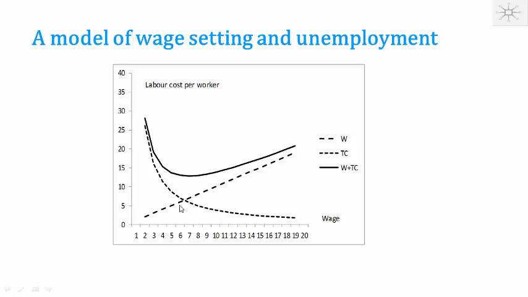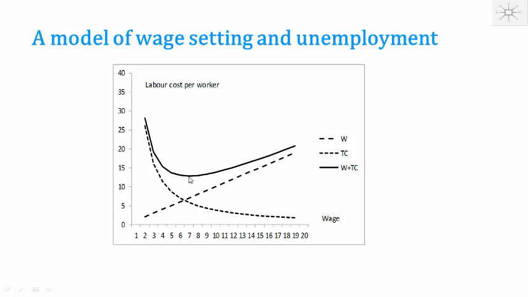Now, both these, the wage and the turnover cost, are costs for the firm. So if you sum those, you get this curve here. And that is the total labor cost, including the wage and the turnover cost. And then, of course, the firm wants to minimize the total cost per worker, and the wage that minimizes the total cost per worker is around 7.